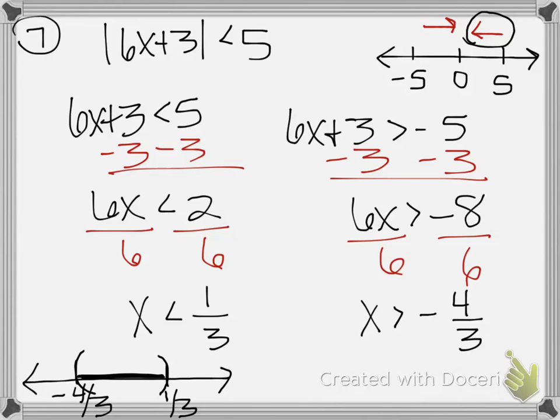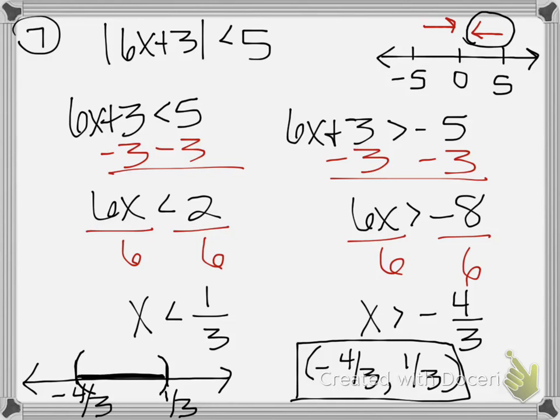So my interval notation would be negative 4/3, comma, 1/3, surrounded with parentheses. I don't have to worry about any union because I don't have two separate pieces. They're coming together, and so it's just that section in between. So interval notation is negative 4/3, comma, 1/3.